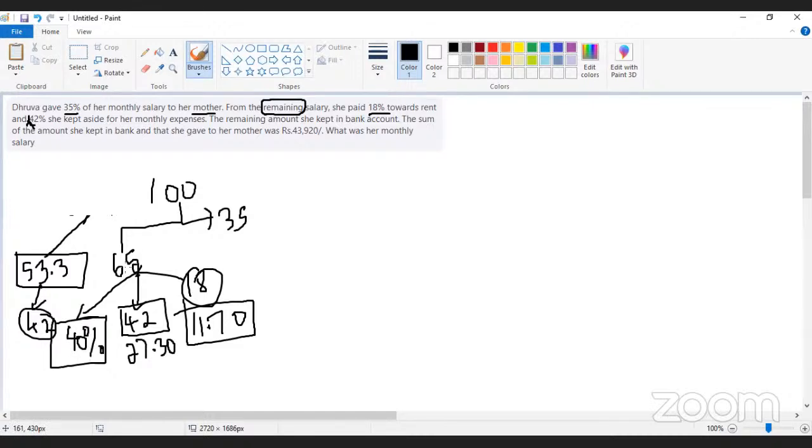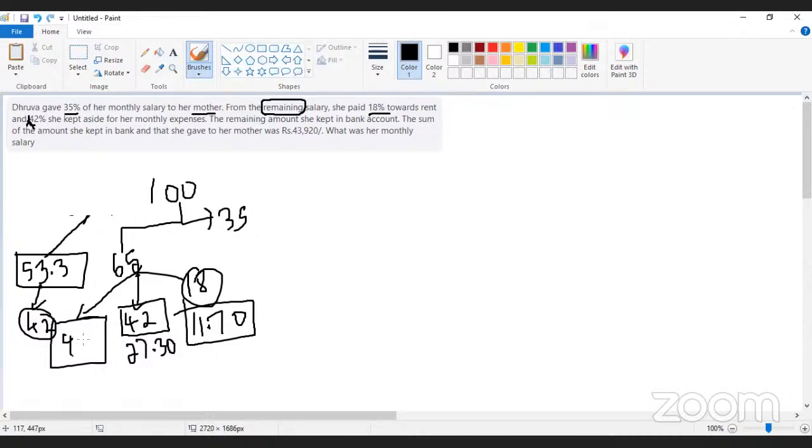So in the 65, the remaining is 40%. What is that 40%? If I do it in percentage, 65 times 40.